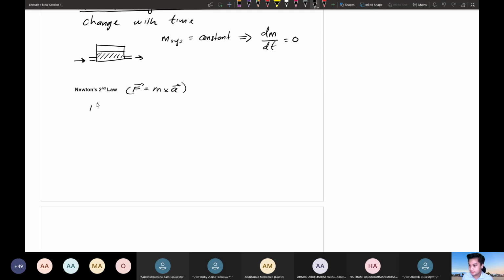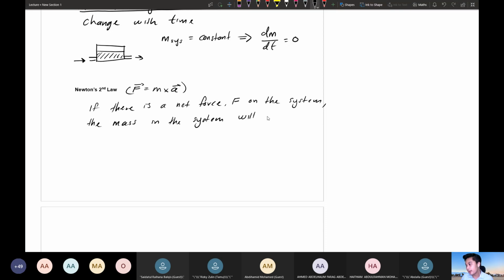If there is a net force F on the system, the mass in the system will accelerate.